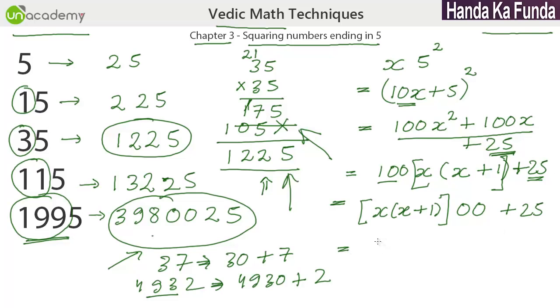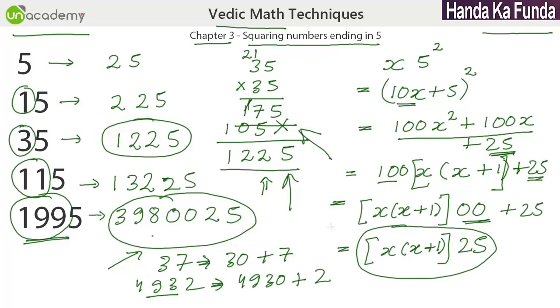Now if you notice 100 into some number, what can that be? Essentially whatever is that number, that is x into (x plus 1) here, followed by 0, 0. And then I am adding 25 to it. So what will I get? Whatever is that first part of the number, that is x into (x plus 1), which was earlier followed by 0, 0. Now since 25 is added to it, it will be followed by 25. And that is what we had here. Look at it a little more carefully: x into (x plus 1), whatever is the first part of the number into the next one.